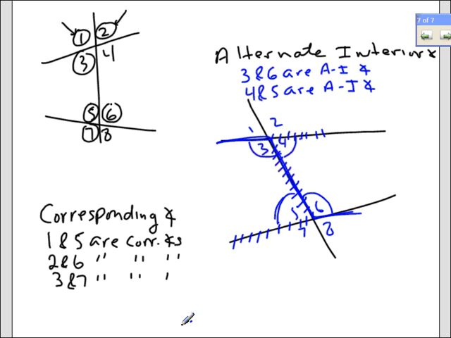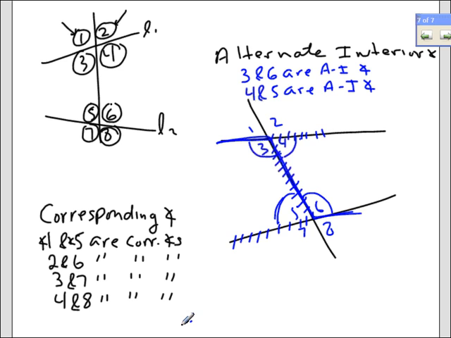are corresponding angles. Now, if the two lines, line 1 and line 2, were parallel, then 1 and 5 being corresponding would be equal. Angles 2 and 6 being corresponding angles would be equal. And let's finish up this list by saying the bottom rights are corresponding angles.